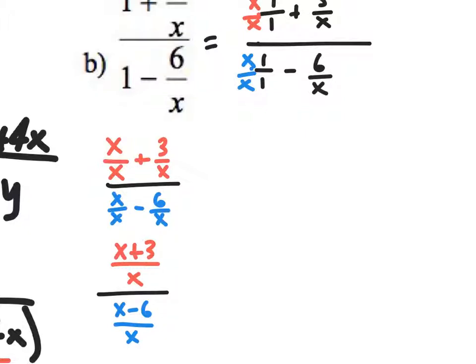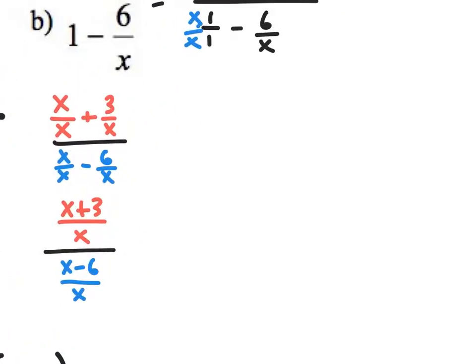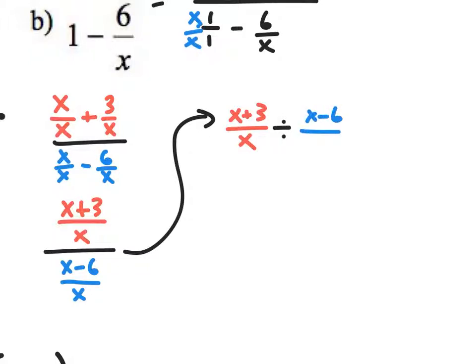So I've got a single fraction in my numerator divided by a single fraction in my denominator. So now let me write this step up here. I'm going to rewrite this as x plus 3 over x, then divided by x minus 6 over x.